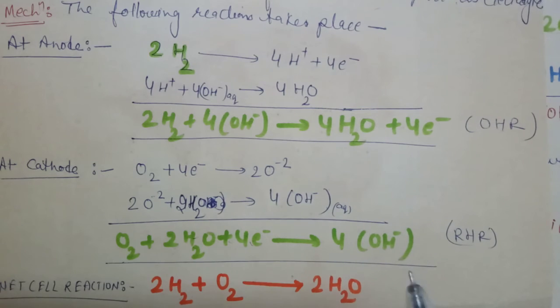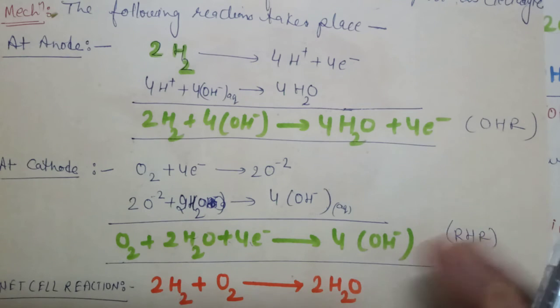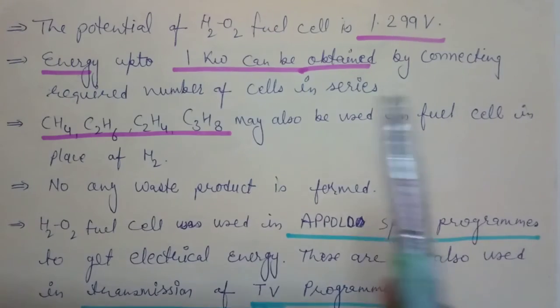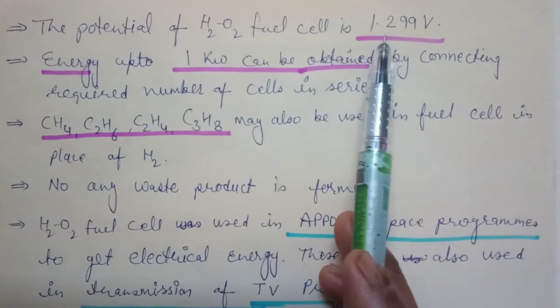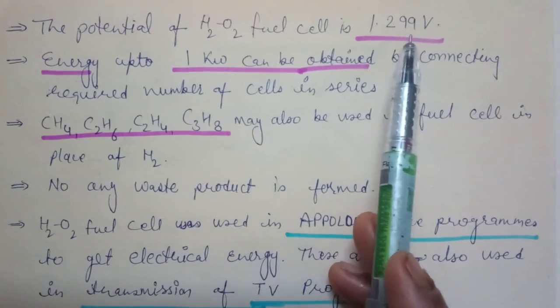The very important thing about this cell is that the product is H2O. There is no waste, no pollutant. This is very useful for us. The potential of the H2-O2 fuel cell is 1.229, about 1.3 volts.